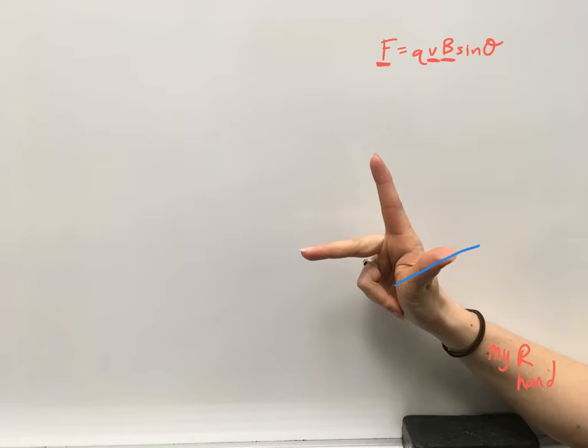This is the finger that you are going to point in the direction of the velocity the particle is going, the thumb, okay? This one is going to point in the direction the magnetic field is pointing, and this guy is going to tell you which way the force will be.